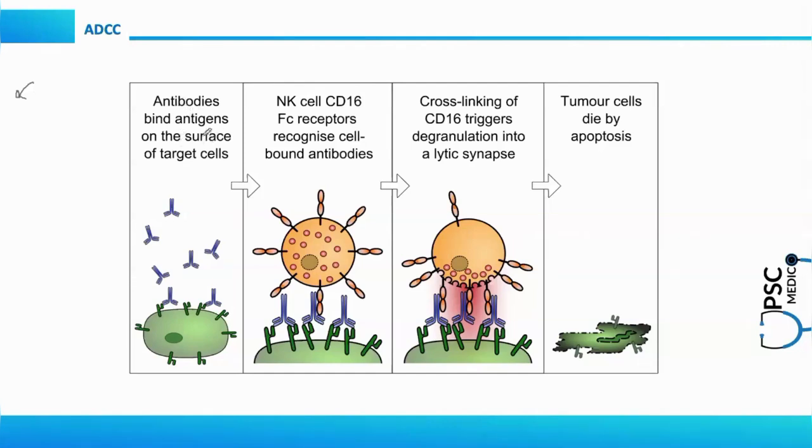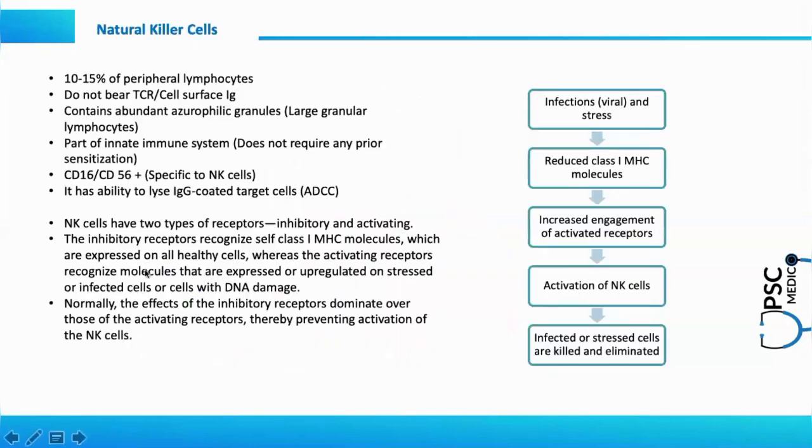And these antibodies bind antigens on the surface of the target cells. So whenever there is antigen antibody binding, the Fc portion of the antibody can be detected by the NK cell, through the CD16 Fc receptors present on the NK cells. In the previous slide, I forgot to mention that CD3 is specific for T cells. The surface immunoglobulin is specific for B cells, whereas CD16 and CD56, the cluster differentiation markers, are specific to NK cells.